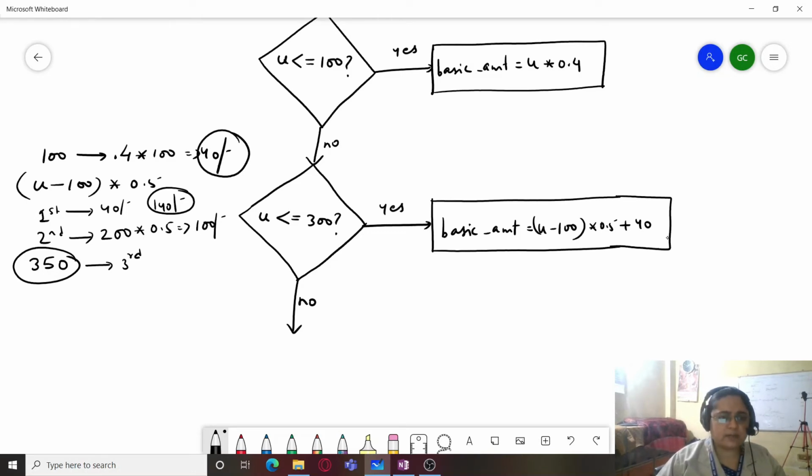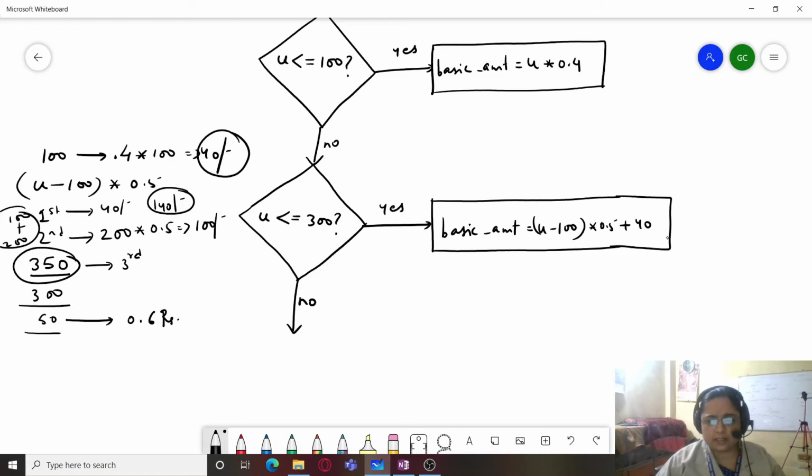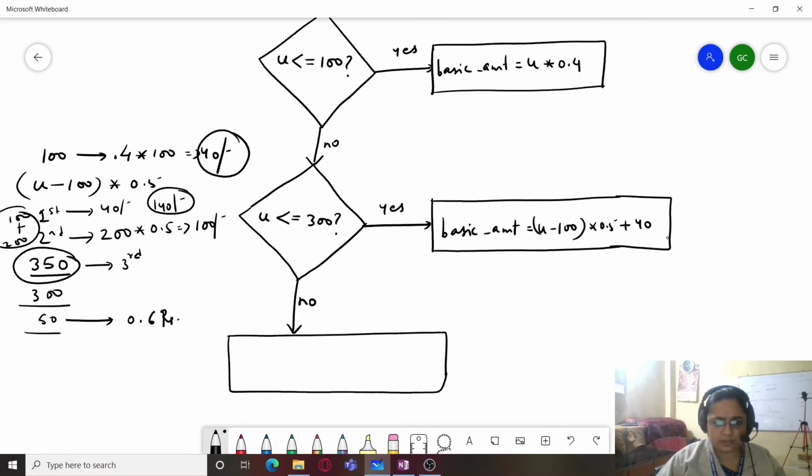And now whatever remains, that is if I deduct 100 plus 200 units, that is a total of 300 units, from this, which gives me 50 units. Now these 50 units will be levied 0.6 rupees per unit. So I will be multiplying the remaining units with 0.6. So in this case, how will I calculate the basic amount?